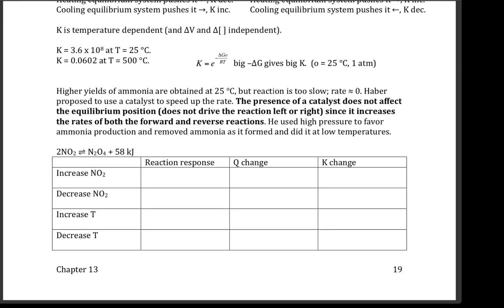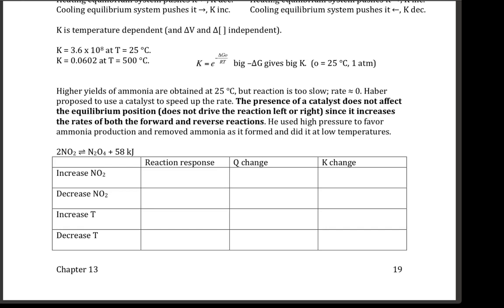So lastly, we have this table to fill in. So we have a new reaction. We have 2NO2, that's the brown stuff, in equilibrium with colorless N2O4. That's an exothermic reaction. We see the plus Q on the product side. So what we'll do is fill in the first column of our table, the reaction response column.